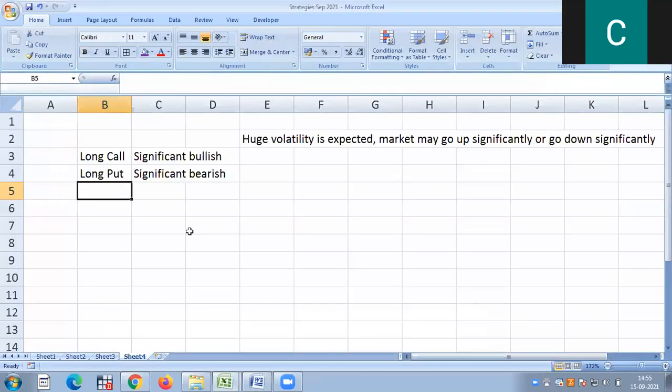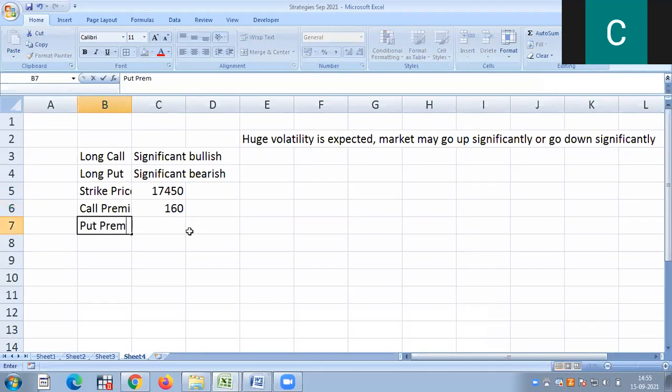What strike price have I selected? I have selected 17,450. The long call premium is 160, and the put premium is 150. So both together, what is the total cost of my strategy?